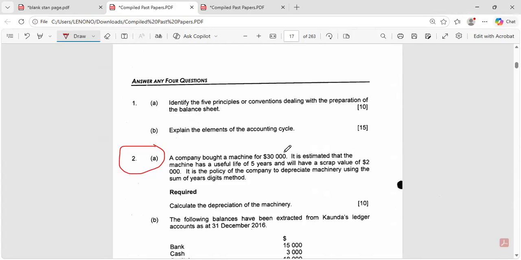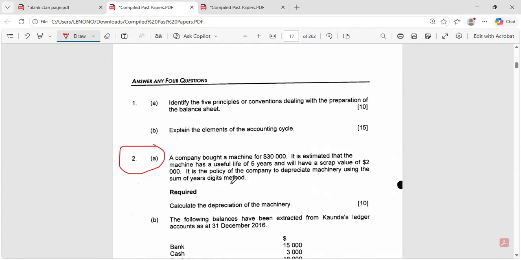Are we going to use the straight line method?